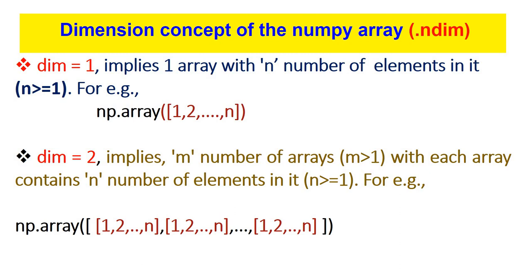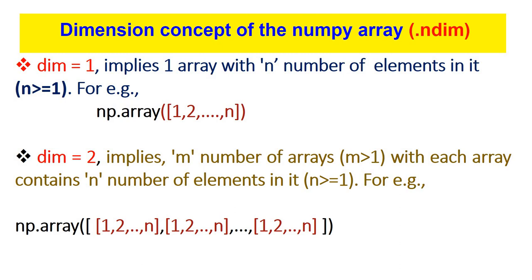So that is dimension 1. And dimension 2 implies m number of arrays, with each array containing n number of elements in it. So you can say it is m number of arrays with n number of elements.